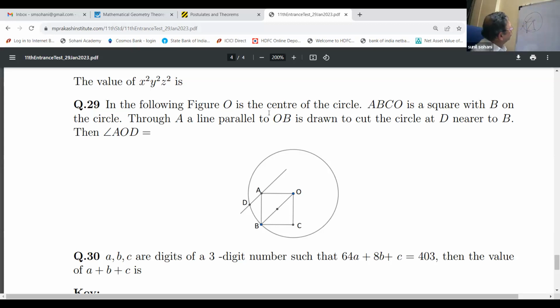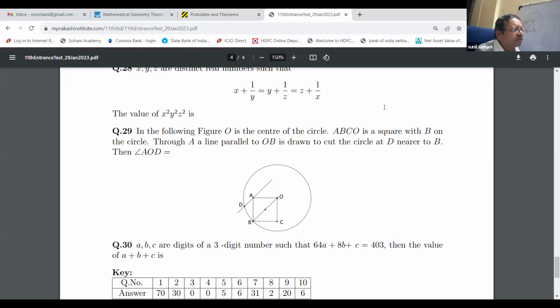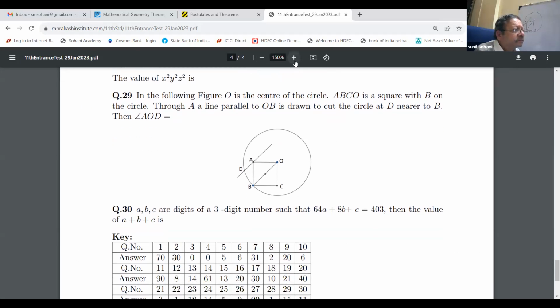AD is a line parallel to OB, which is a diagonal of square ABCO. This is the information given in the question.